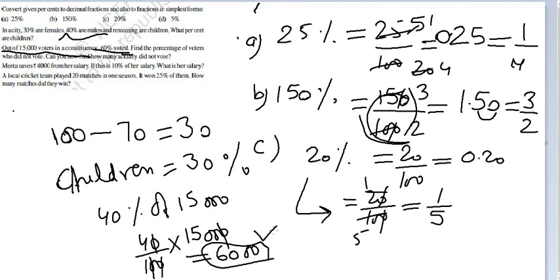So total 6,000 people have not voted. So this is about this one. Now we move to the other parts also.